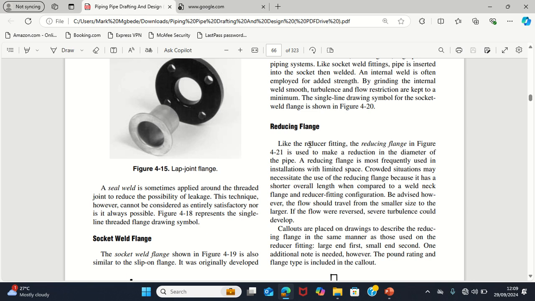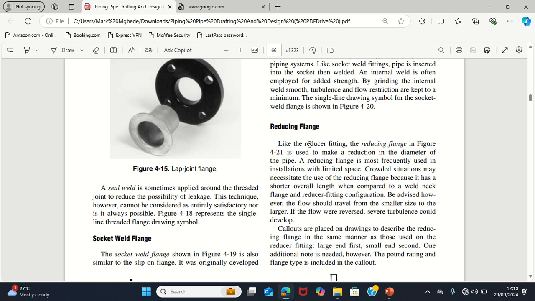So this reduced flange works the same as the reducer. It tends to reduce the diameter of the pipe. Like now, you have a 6 inch line, then you want to reduce it to a 4 inch line, and you don't actually have space to use the reducer.